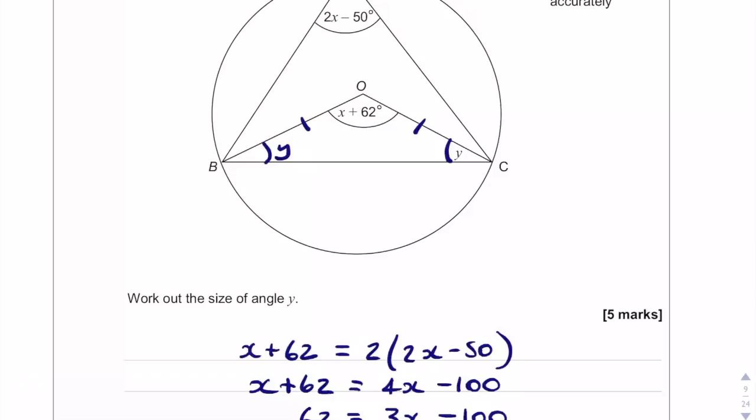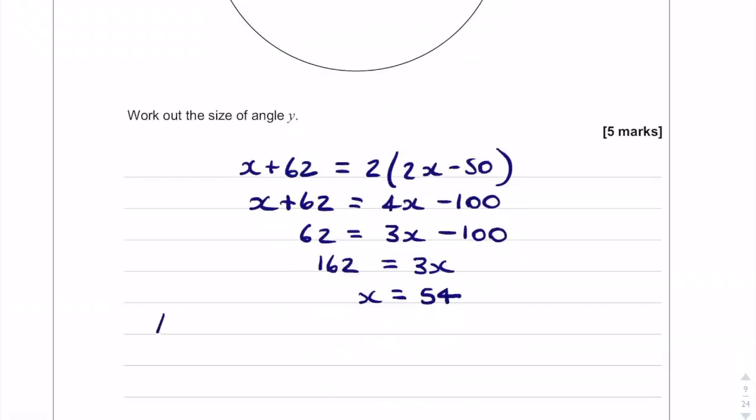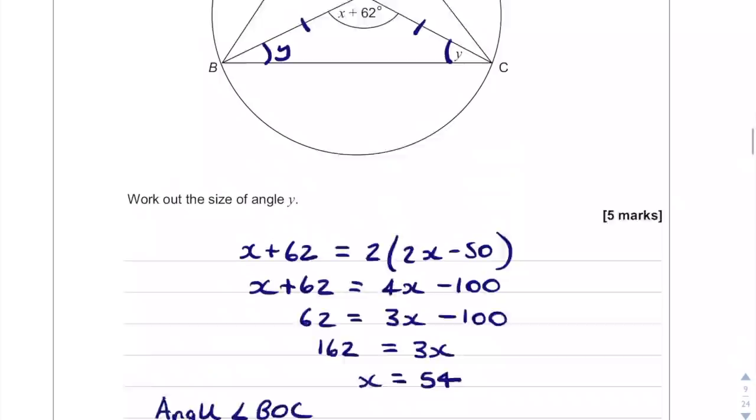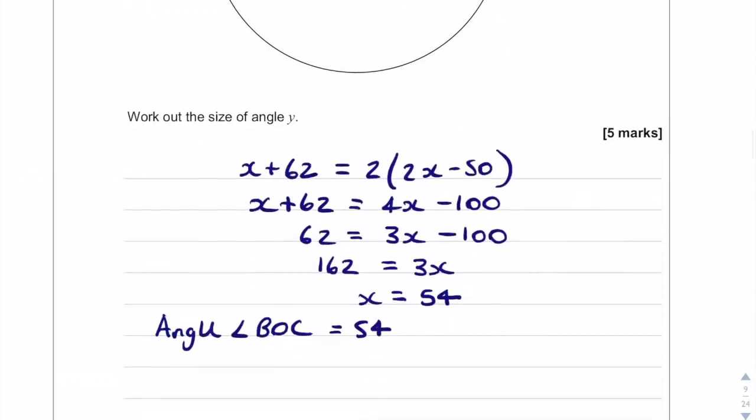And now, of course, I know that there's 180 degrees in a triangle, and I've got my value of x, which is 54. So first I can work out what angle BOC is. So if I say angle BOC, well that's just going to be equal to 54 plus 62, which is 116.